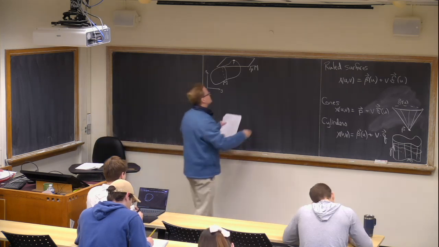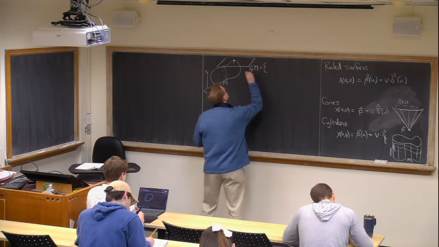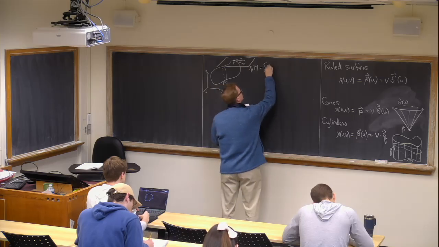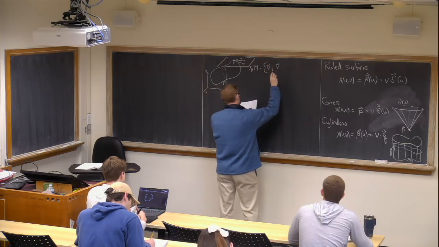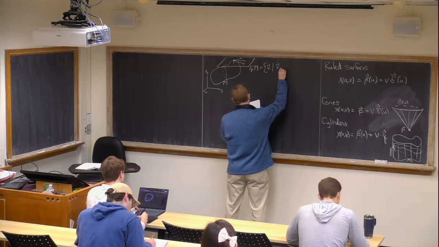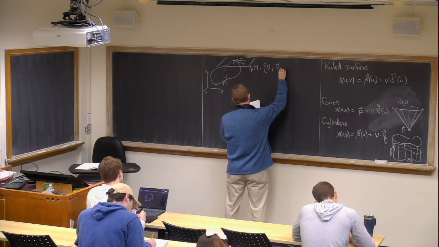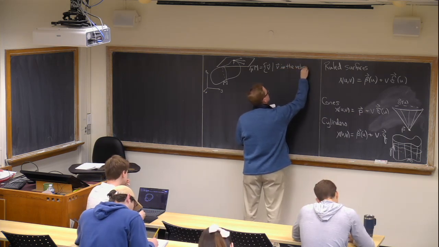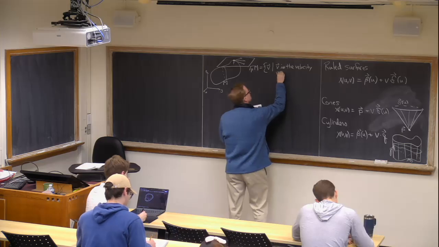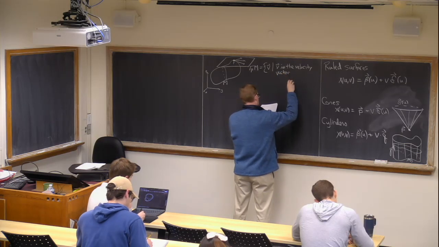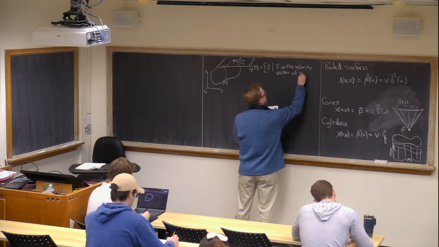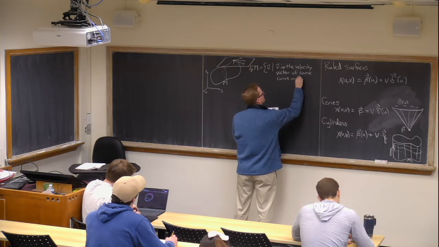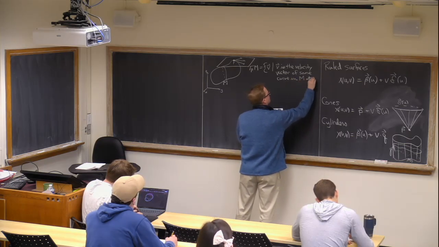And the definition is, it's a collection of vectors. It's all these vectors here, right? So we say it's the collection of vectors V such that V is the velocity vector of some curve in M, at the point P, okay?